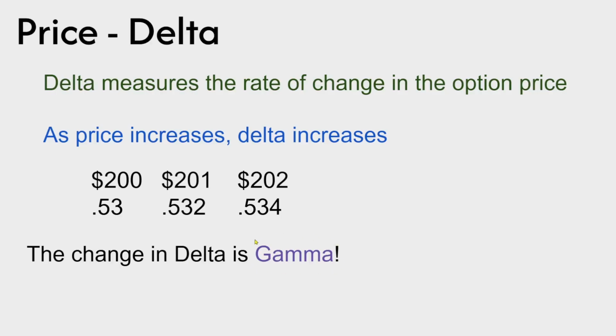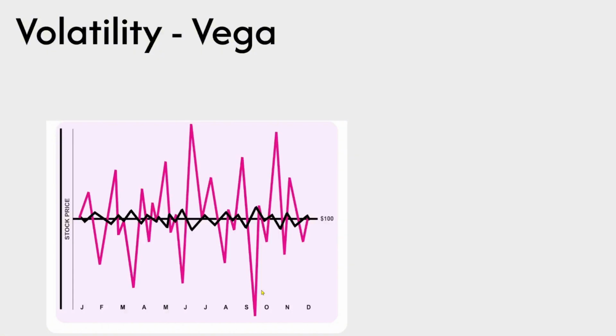Gamma is measuring the change in the delta. Now, we're not going to cover gamma in this series because it's really not needed to trade options, but it's important to understand this principle that the delta does not stay the same. It changes as price changes, and the variable that's impacting that change is gamma.